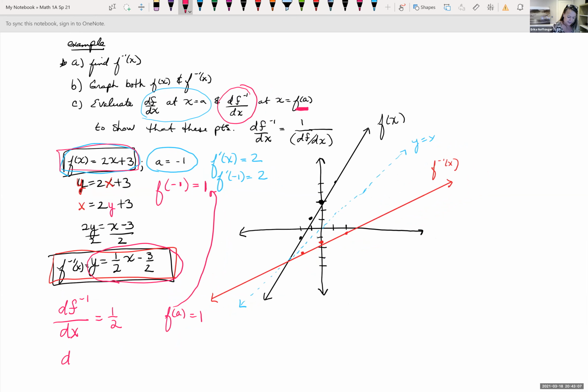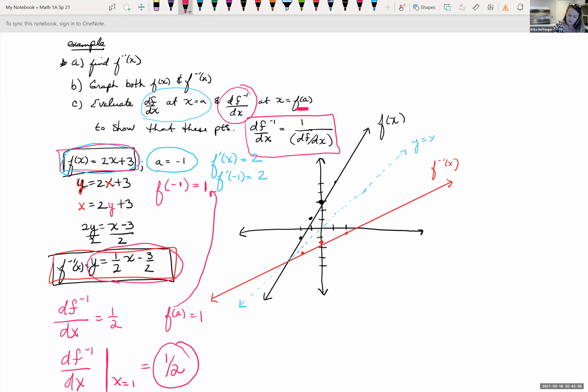So the way I could write that is df inverse dx. Remember, if we want to evaluate it, we could put this vertical bar, x equals 1 in this case. This is still equal to 1/2. Okay, so if I look at the derivative of my inverse function at x equals, in this case, f of a, I get 1/2.